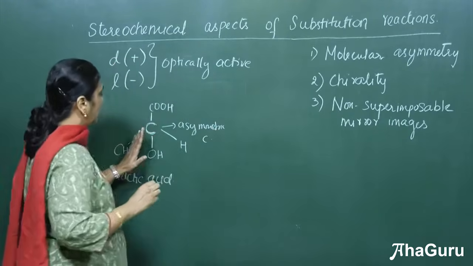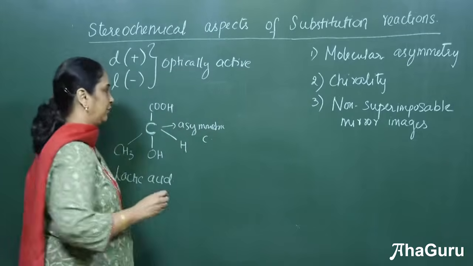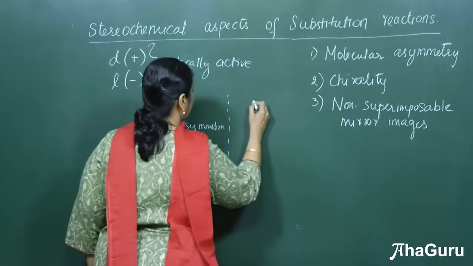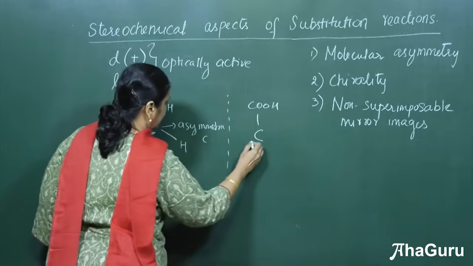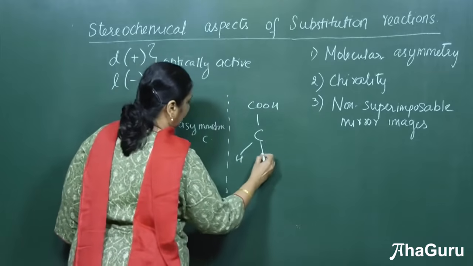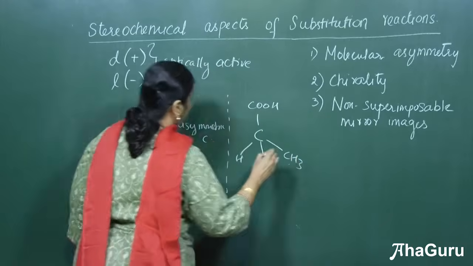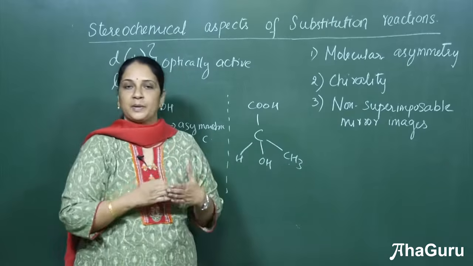Now we take the mirror image of this compound. So it will be COOH here, C, the H comes this side, then OH and CH3. When we place this molecule above the other, they are non-superimposable.